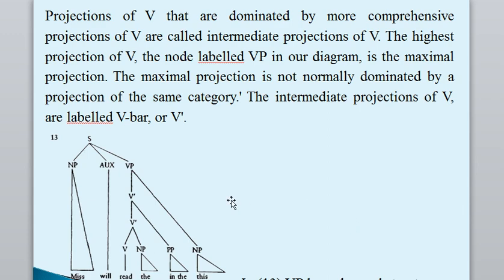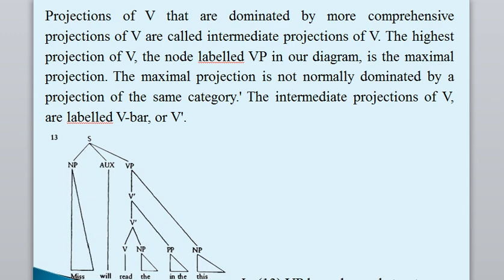We can show this tree diagram not just as a flat structure, but as a layered, hierarchical structure. You see here again that example, the same example. Miss Marple will read the letters in the garden shed this afternoon.